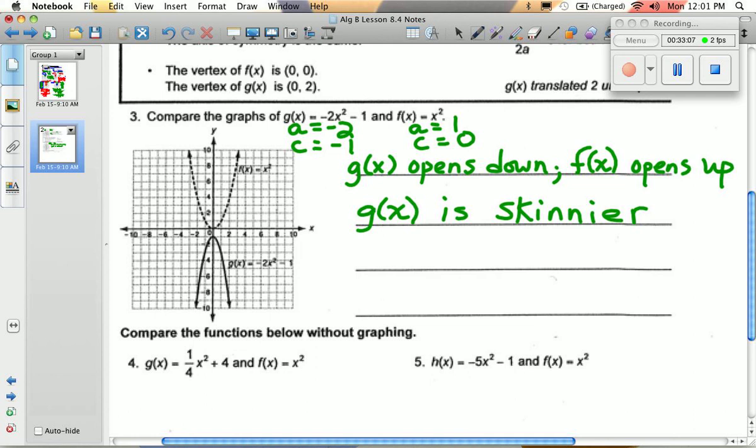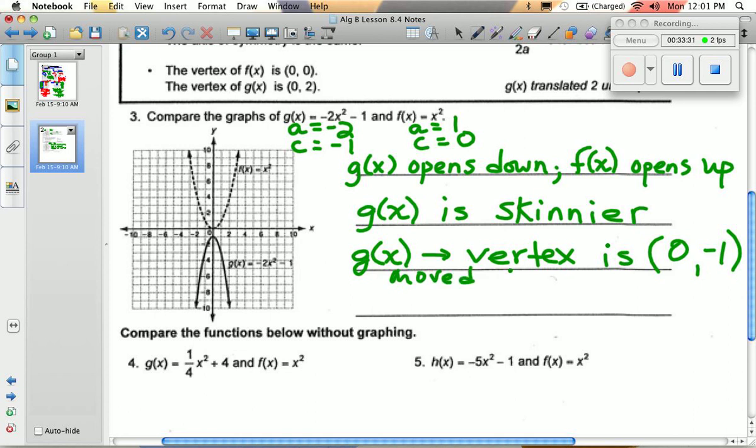What does the C value do? Remember the vertex. Is the vertex the same? No, it moved down. So the g of x vertex is at 0, -1.